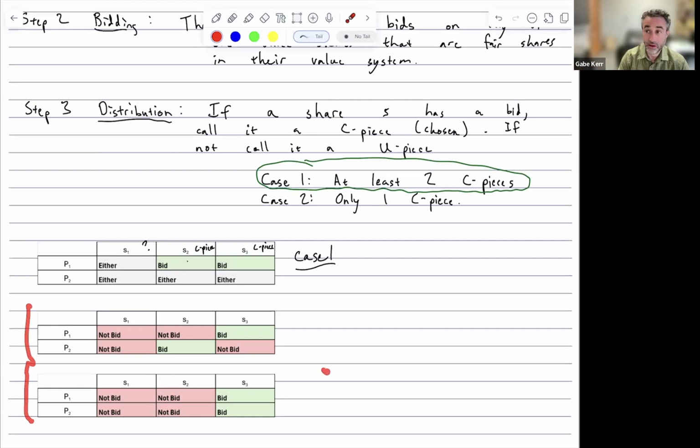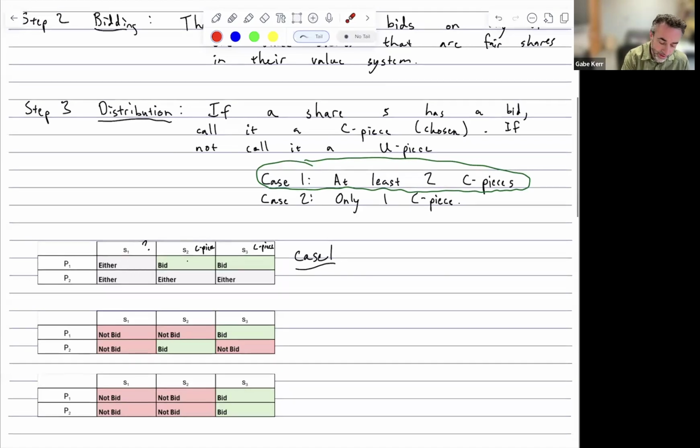And that is that the two choosers bid on separate shares. So something like this. Now, of course, you could have had S3 and S2, but you could rearrange or relabel the numbers S1, S2, S3.